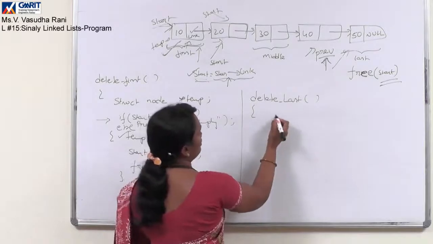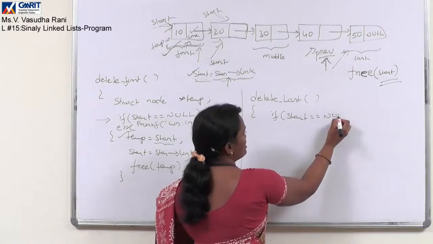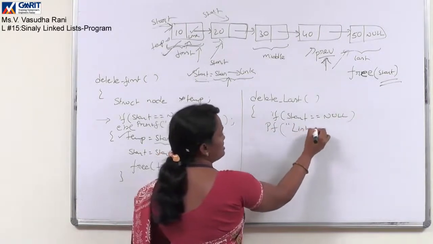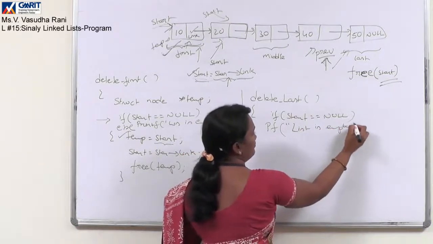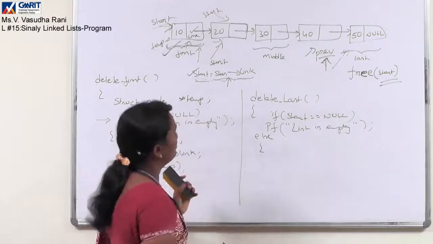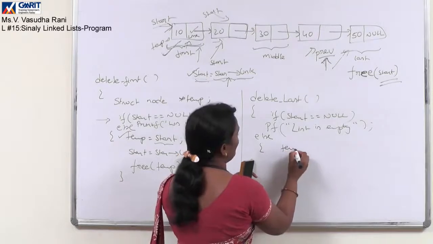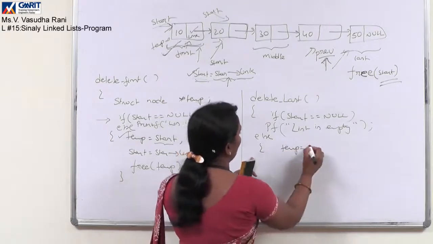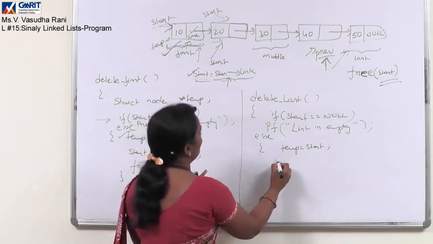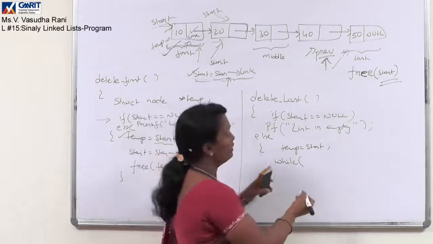So for this delete last, you can simply check if start is null, the list is empty, else you have to traverse your list. For traversing, you have to take your temporary pointer, temp equal to start, and using a loop only you can traverse, because we don't know how many nodes are there.